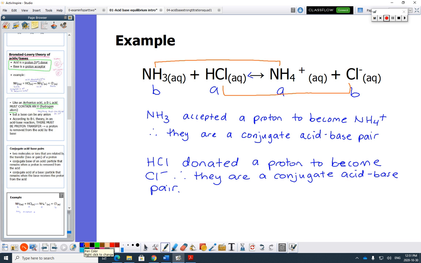So a conjugate acid-base pair has one acid and one base. Don't pair up the acids and pair up the bases. And try not to overthink it either. The NH3 and NH4, they're not exactly the same, but they look pretty similar to each other, right? They are related by proton transfer. HCl, Cl minus. Okay, so you're looking for the substances that are related to each other.